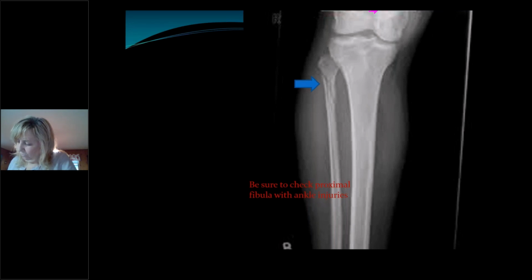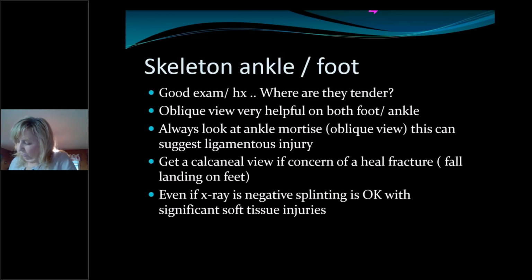Especially if you have a substantial torquing mechanism where they planted the foot, torqued, and had a substantial injury to the lateral or medial malleolus, it's well worth taking a look at the proximal fibula. Again, if you squeeze it and they don't have any pain, it's not broken. Think about it. If it's broken and you squeeze on it, it's going to hurt. So you just want to check that proximal fibula when you're checking folks with ankle injuries.